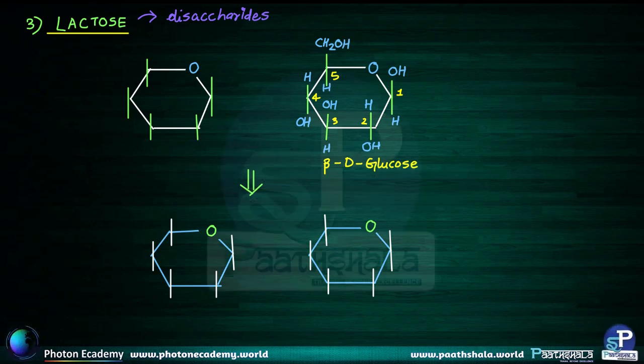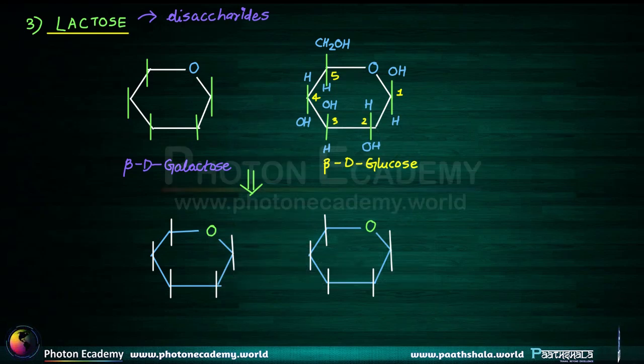Now, the second monomeric unit which we are going to take is known as beta D galactose. How to draw this? If you see carefully, we will draw the OH and the H at similar positions to beta D glucose, but it differs only at one carbon position, that is at C4.